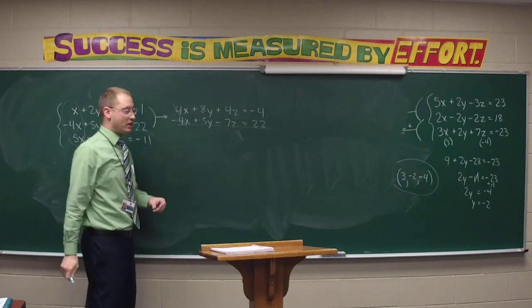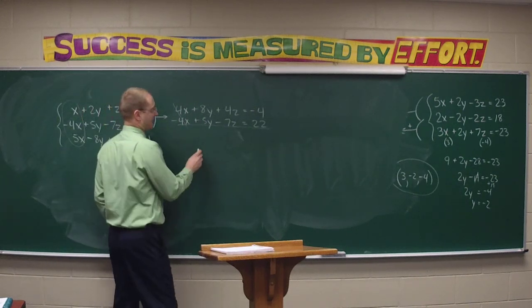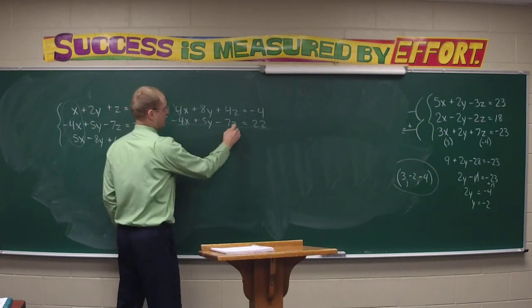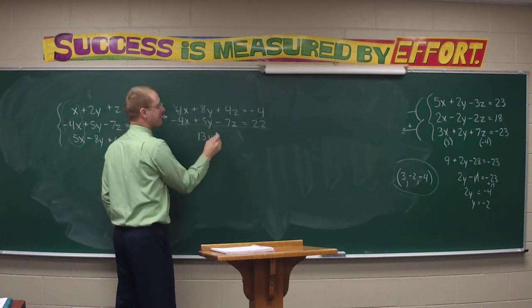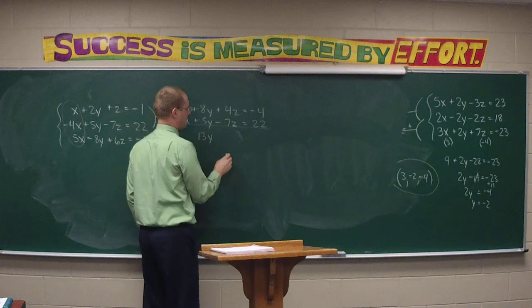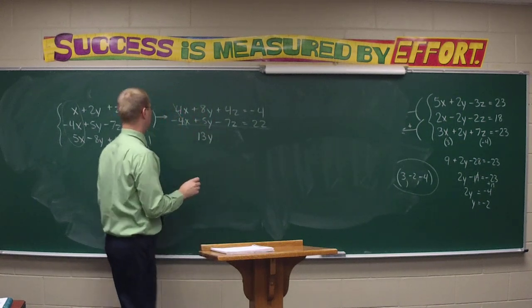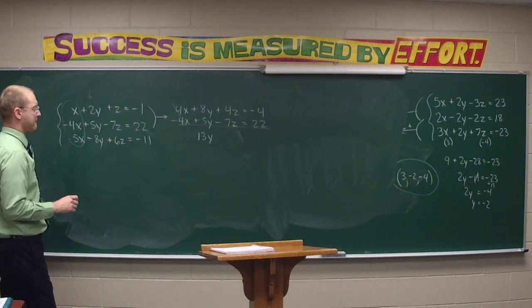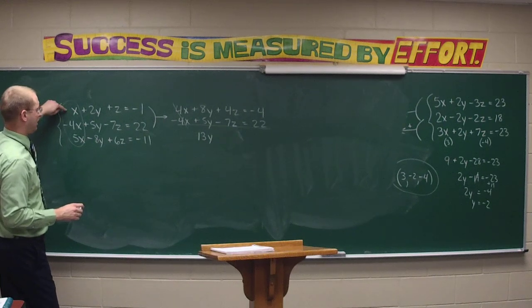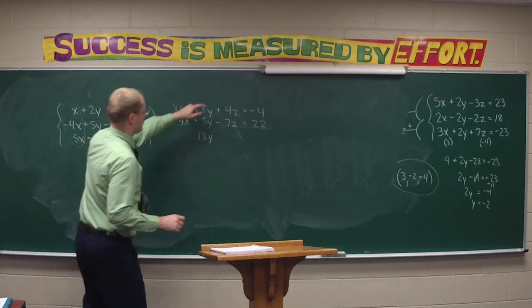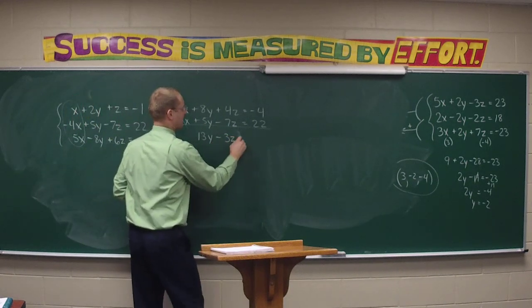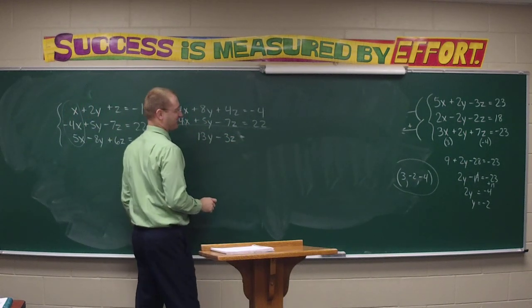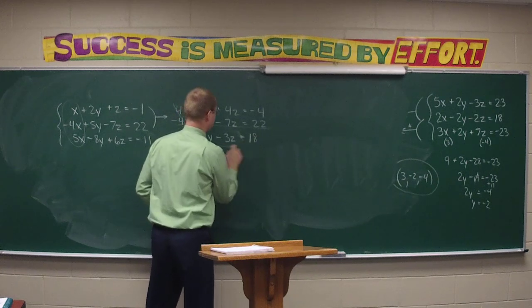What's left for our equation now, Kendall? 13y, 5z. Did you get rid of the x? Yes. So you multiply the top by 4? Yeah. 4z and negative 7z? Negative 3z. Negative 3z equals 18. All right, there's one happy equation.